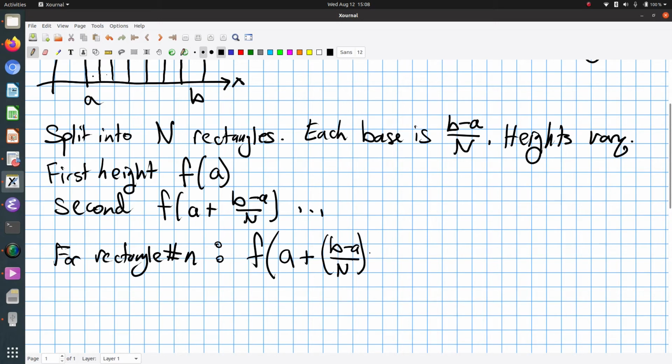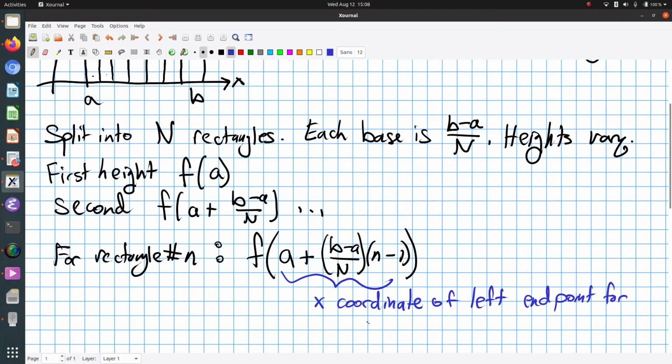For n being 1, the first one, it's times 0, so I need an n minus 1 here. So you could think here of this quantity in the parentheses. This is the x coordinate of the left endpoint for the rectangle.